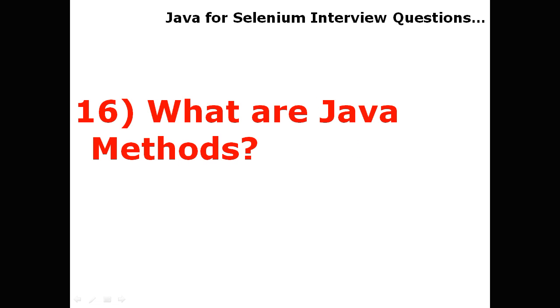Next, what are Java methods? Method is a set of statements to perform an operation. Methods also known as procedures or functions. In structured programming, example C language, we use functions, built-in functions and user-defined functions.